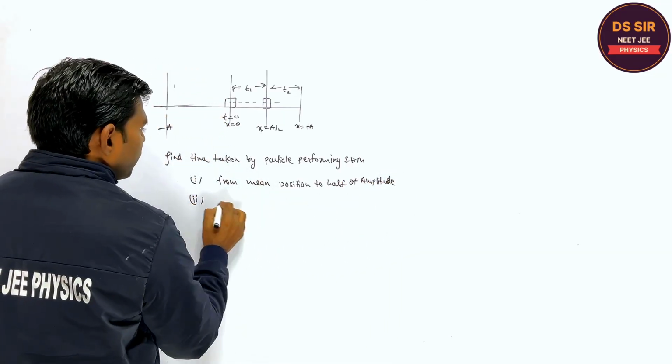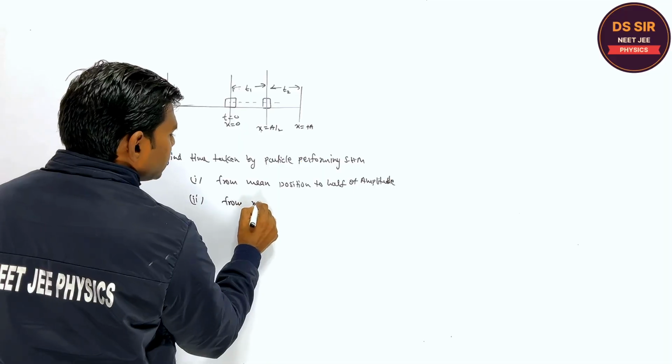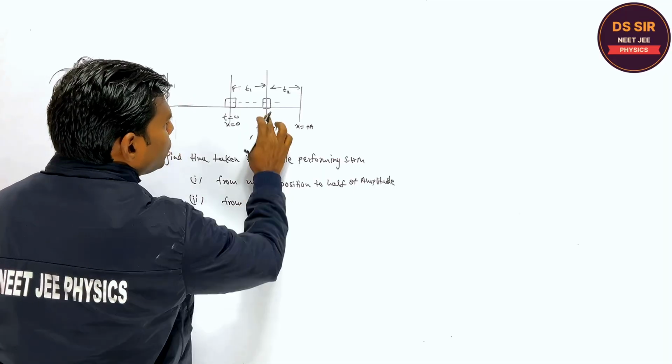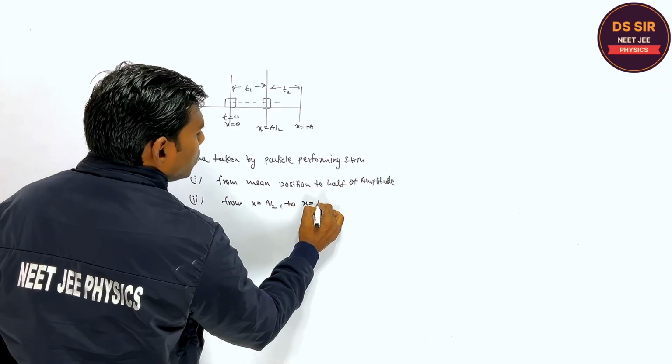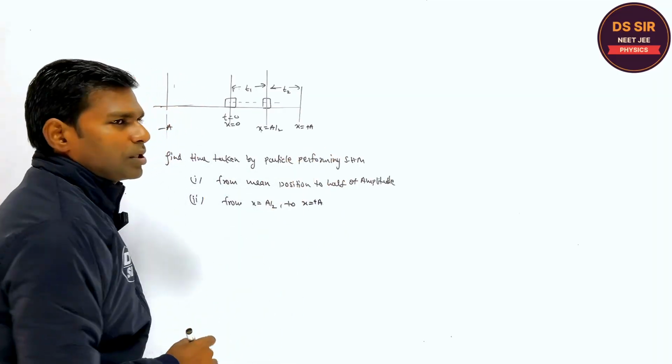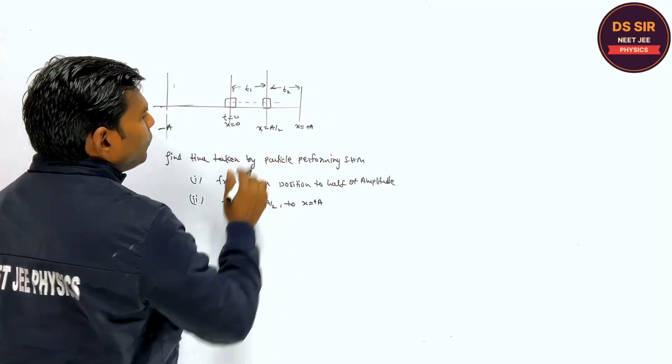Second, from x is equal to half of the amplitude to x is equal to a, the extreme position. So this t1 and t2 we have to find.